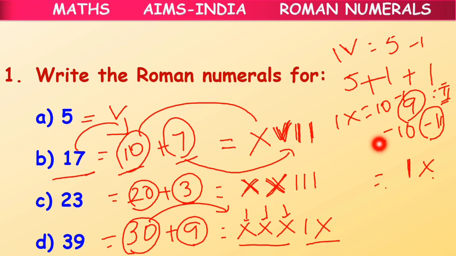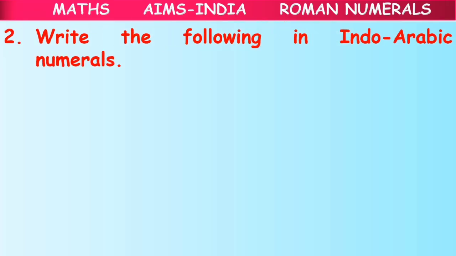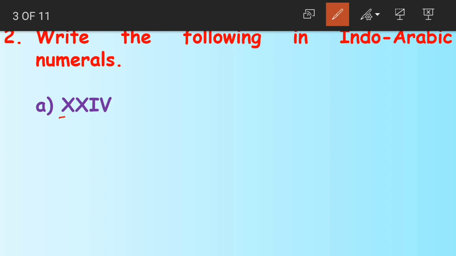Clear children? First we wrote the place values and then we wrote the Roman symbols. The next one is write the following in Indo-Arabic numerals. Now this is our Roman number and we have to write it in Indo-Arabic form. What is the Indo-Arabic form? Indo-Arabic form is nothing but the number in numbers, writing it in numbers.